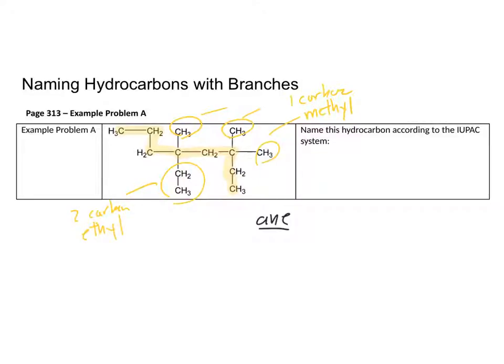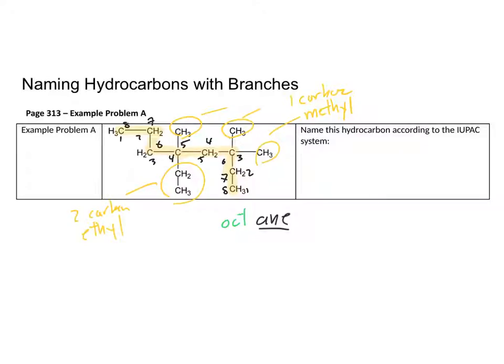So when I go to name this structure, I know it's an alkane. It's 8 carbons long, so it's going to be oct, so it's an octane. I'm going to count my carbons now: 1, 2, 3, 4, 5, 6, 7, 8. So I've counted them, and I'm going to note where the branches hit first.